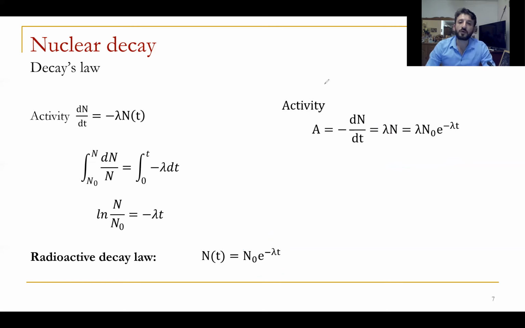Like this. Now we have two general expressions of the radioactive decay law: the number of unstable elements, and the activity A in function of time.